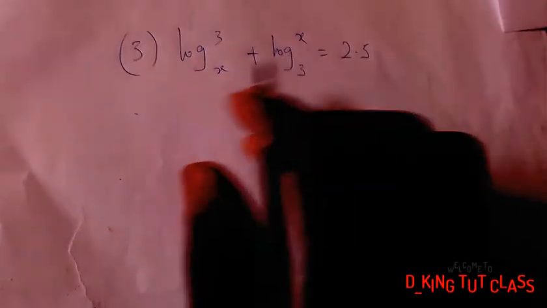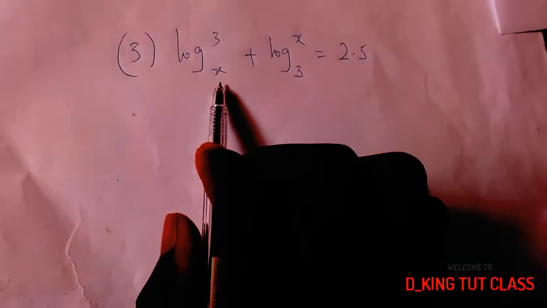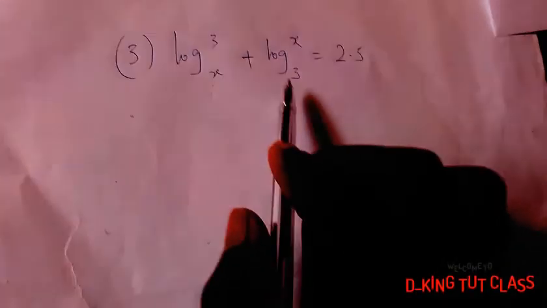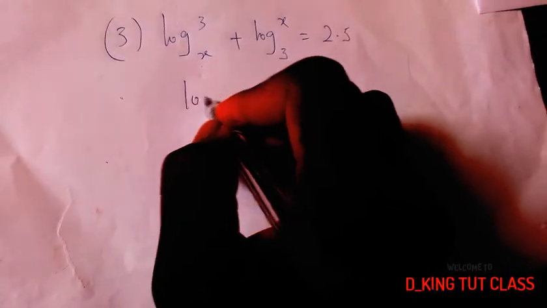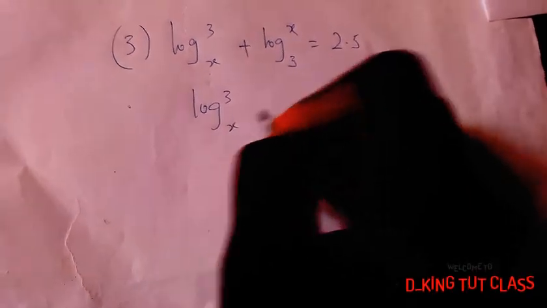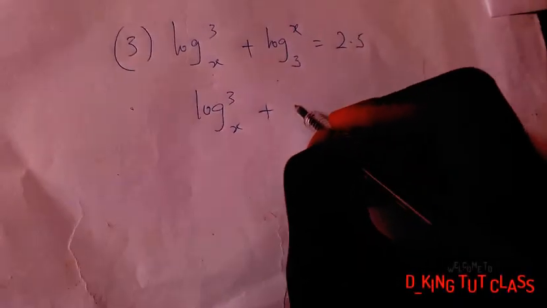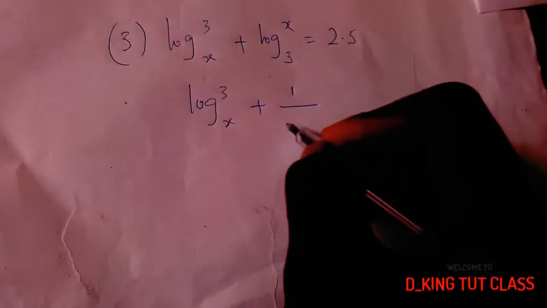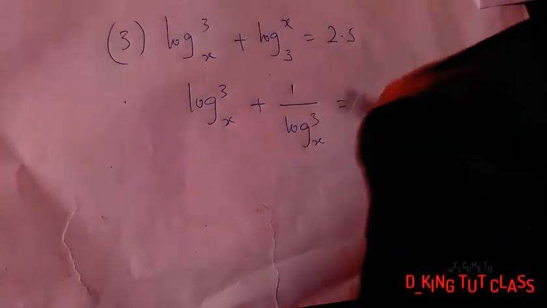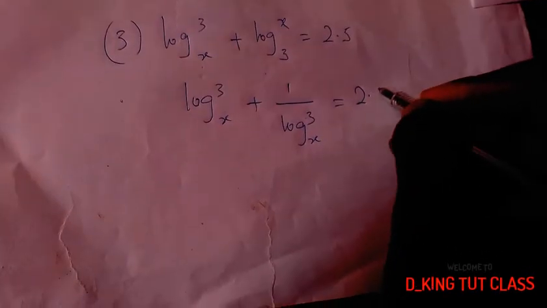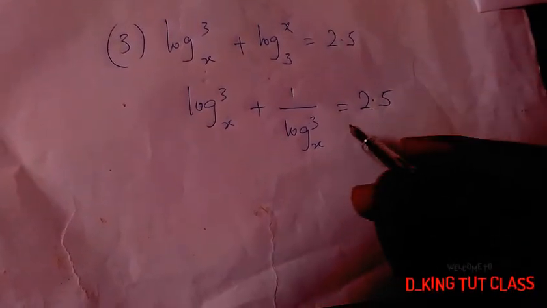I'd rather make it base x, so let's leave it in base x for this case. Plus, to make this one in base x, it becomes 1 over log 3 base x, in which case the base inverts. So you can leave this as 2.5 or you can change it, depends on you.